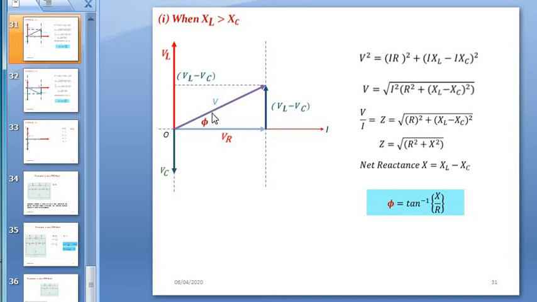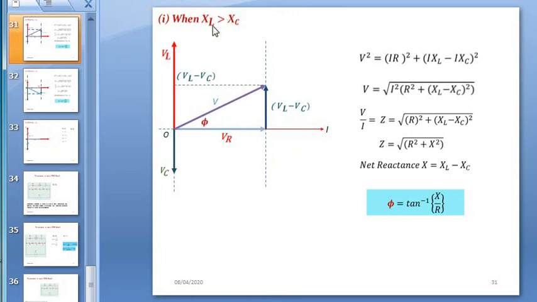So, vector addition of VR and VL minus VC will give you the total voltage V. And the angle between voltage and current is nothing but the phase angle. For this case, when XL is greater than XC or VL is greater than VC, the voltage is leading the current by angle phi, or current is lagging behind the voltage by angle phi.